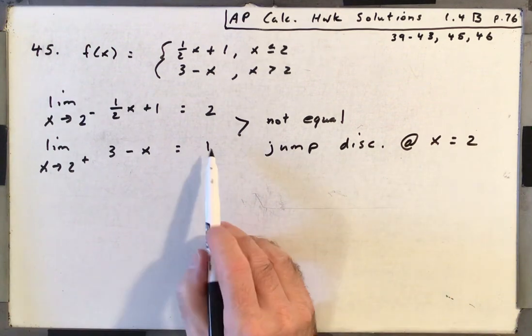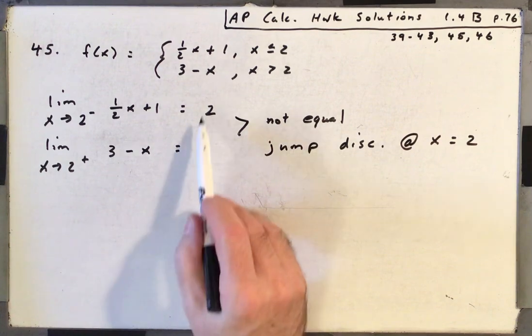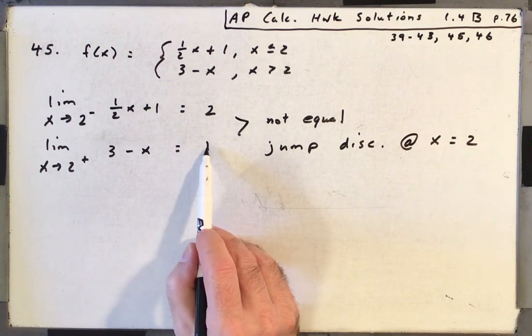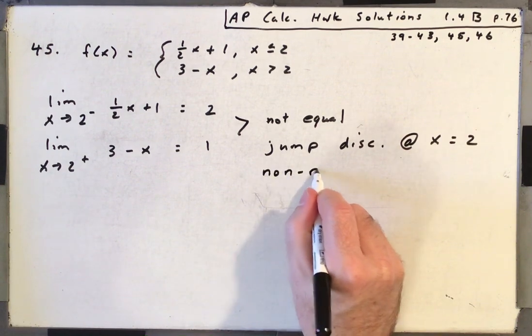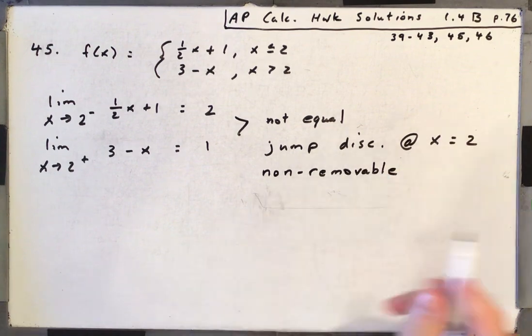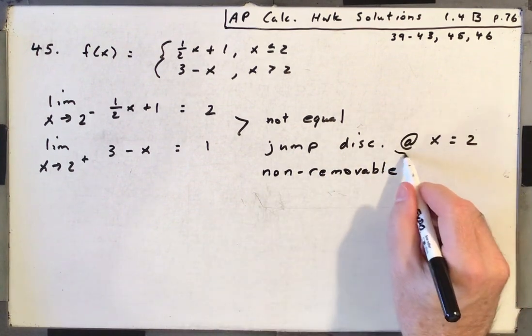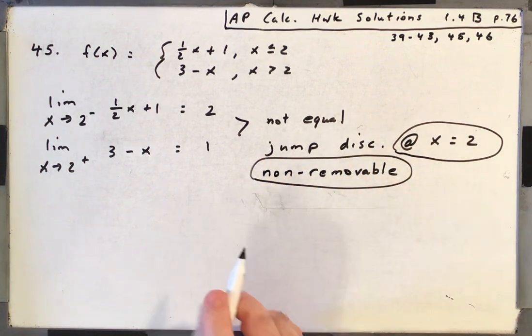Okay, if we were to graph that, the y value would jump from 2 to 1 at x equals 2. So a jump is non-removable. Not a hole that you can cancel out. So the answer is that. But it also asks if they are removable or not.